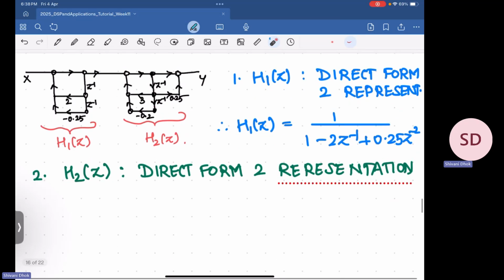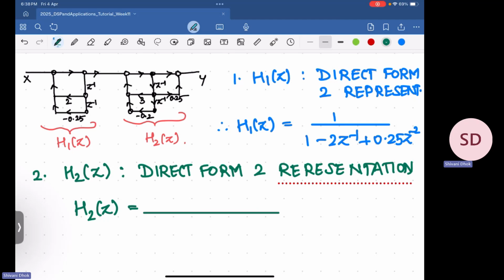Let us first focus on the numerator part. h2 of z is equal to, so this part on the right hand side corresponds to the numerator. We have no scaling here, so this is simply 1, plus 0.25 z inverse. So we have 1 plus 0.25 z inverse.